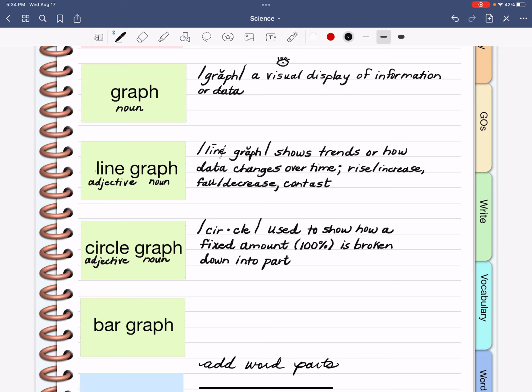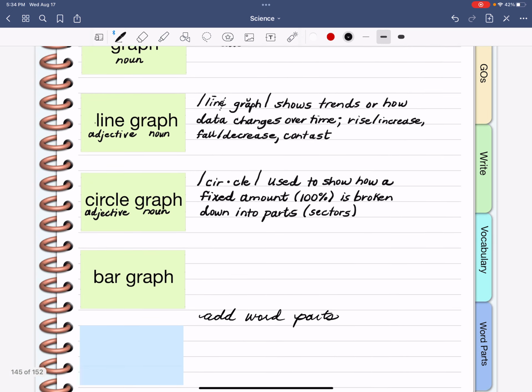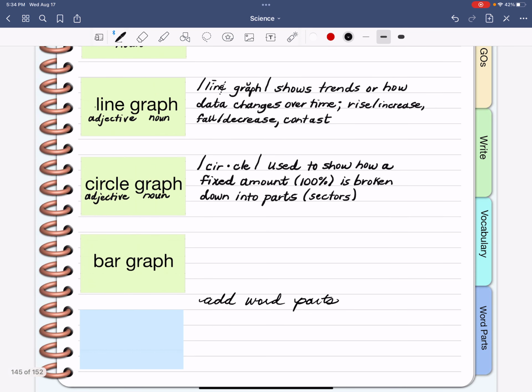A line graph is used to show change over time. And these parts on a circle graph are called sectors. And we're going to look at this in detail. So don't worry if this doesn't make perfect sense right now. By the time we finish this lesson, it should be very clear what we're talking about. So let's just get the definitions and then we'll worry about actually understanding what's going on. There's a lot in this chapter.